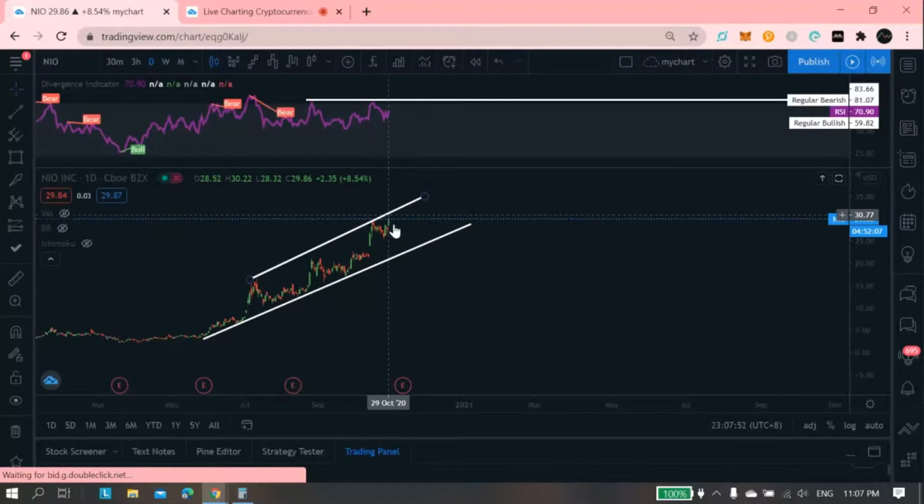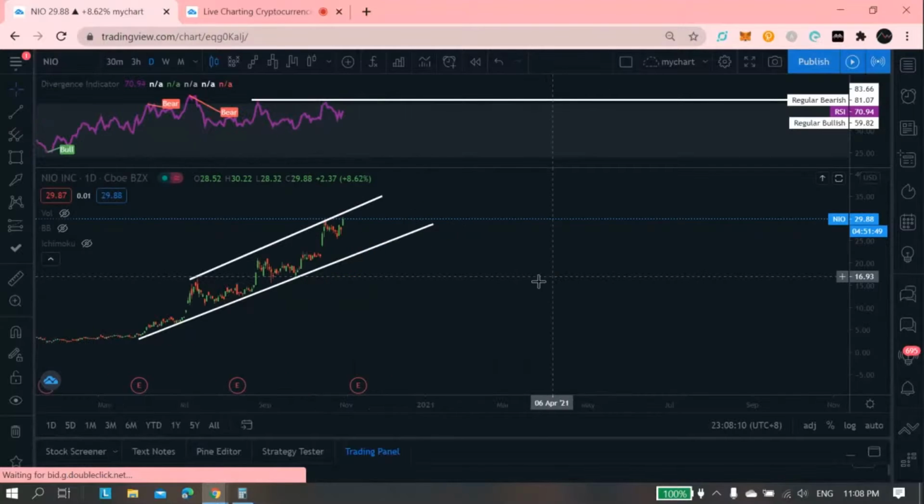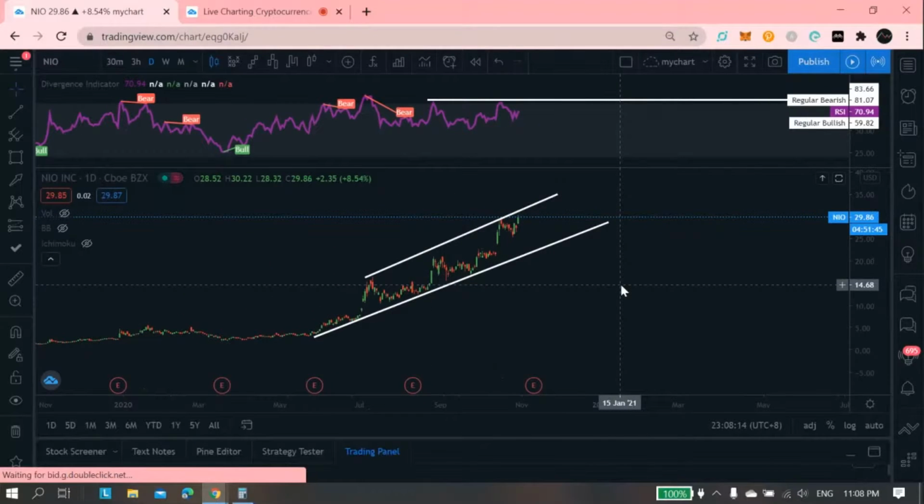Because if I buy at this area, it might possibly retest the 22 area, if the earnings disappoints, which are due November 10. Or for me, if I will trade this one, it's just a no trade zone. I'll just wait for a better price.